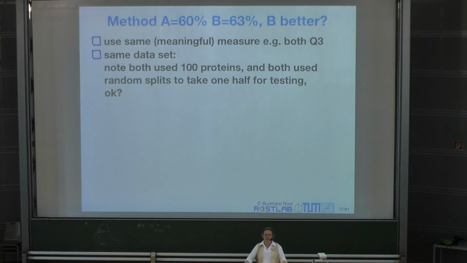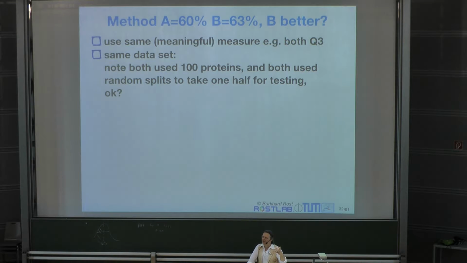So we stay in this example here. We have one method that does a 99 or 100 times split. So saying that they take 99 proteins for development, one for testing, and then they rotate through 100 times. Another method says what they did is they have a 5-time rotation.